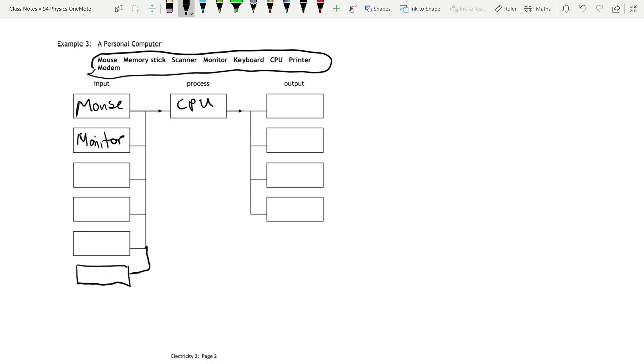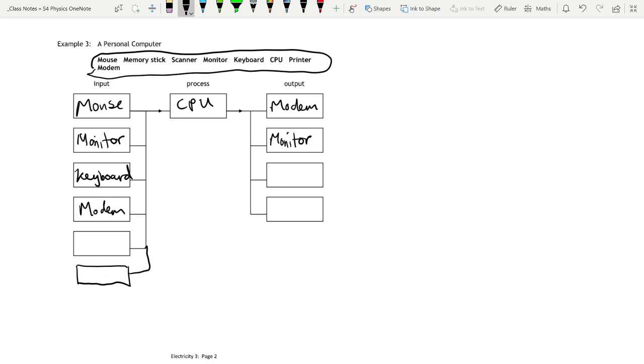We could also input using a keyboard because we can type things in. A modem sends and receives signals to the internet. So a modem is input and an output. Let's put that in as well here. And a monitor obviously is also an output because you see things coming out on the screen.